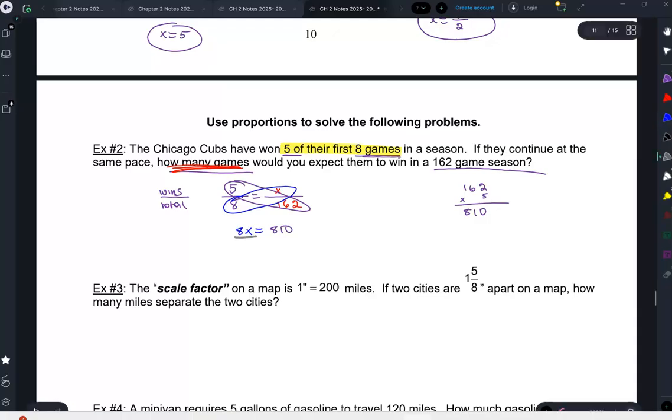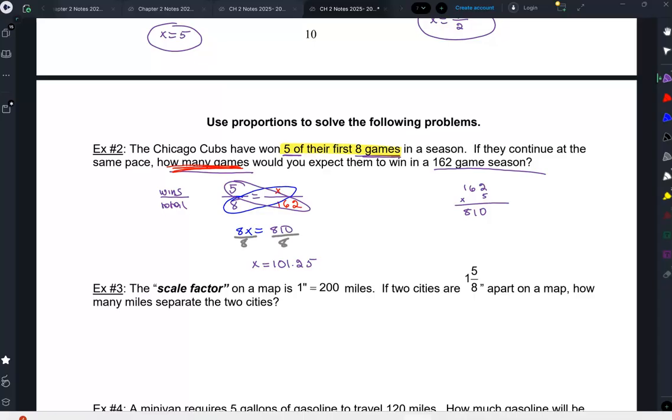And then divide by 8, divide by 8. What does that give me? It's 101.25. Did you just do that in your head or did you do it on paper? Yeah. Oh, okay. It's 101.25. Okay, when you get a decimal, round mathematically correctly.